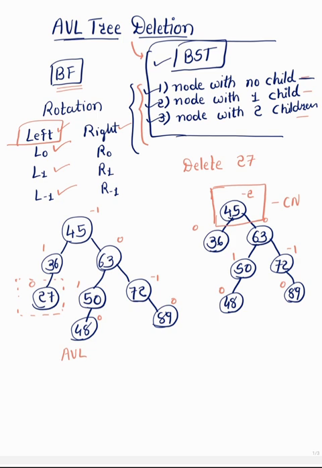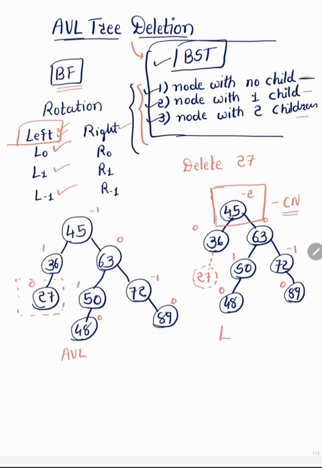Same here for the left: you need to check from which side of the critical node you deleted that particular node. Here you have deleted 27, which is deleted from the left side of my critical node. That means I came to know that this is a left kind of rotation. So it's an L rotation.